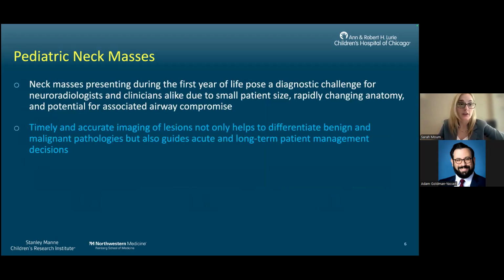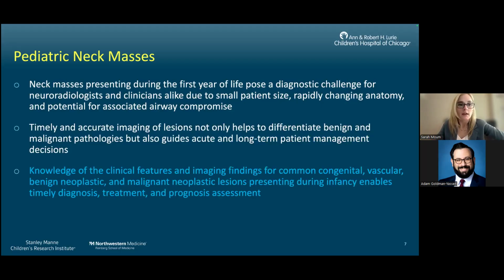Because of this, timely and accurate imaging of these lesions not only helps to differentiate benign and malignant pathologies, but also helps guide the acute and long-term care for these patients. Knowledge of the clinical features and imaging findings for these different subgroups that can present in the first year of life helps enable timely diagnosis, treatment, and prognostication for patients.